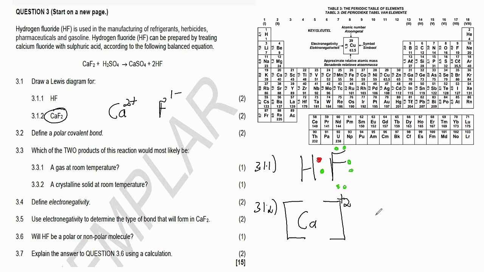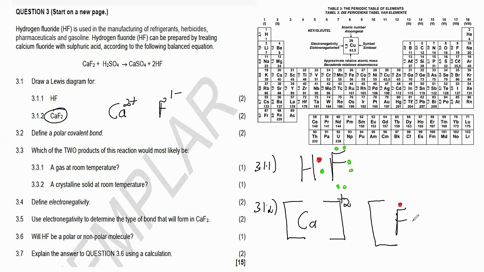And then again, we have to show this for the fluorine. Remember, the fluorine is not giving away its electron, it's gaining. So we need to put the fluorine here. Originally, fluorine has 7 valence electrons, but if it gains 1 more electron, then at the end of the day it will have a complete orbital of 8 electrons.